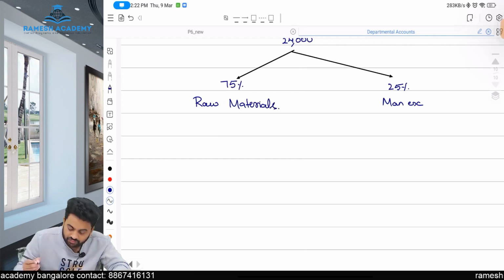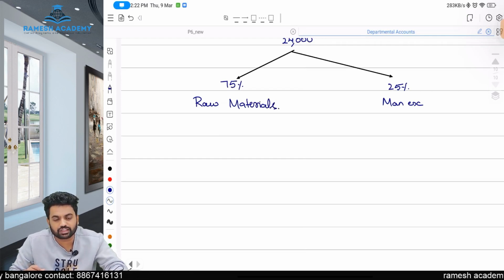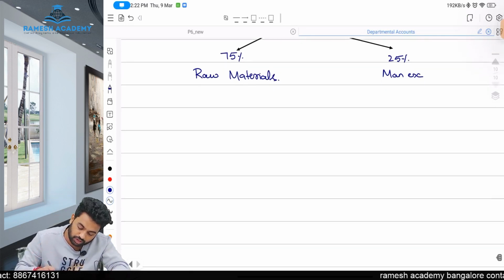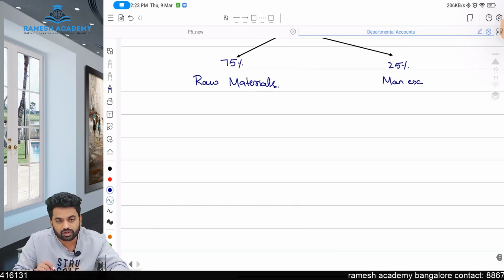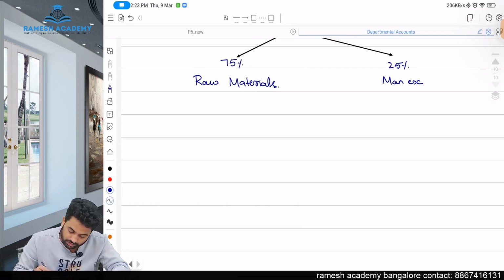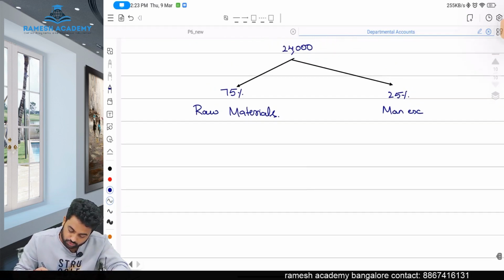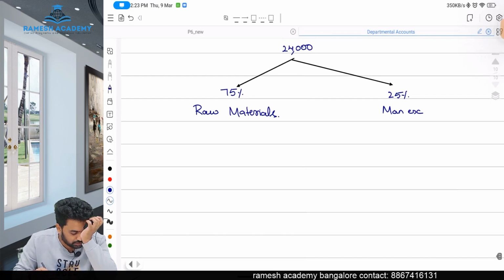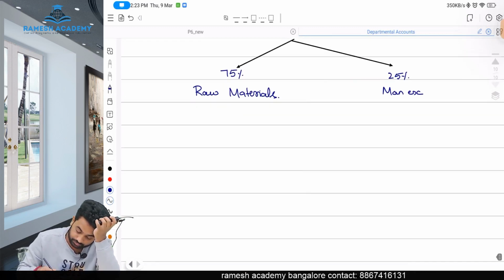As the manufacturing expense will be there in the cost, we are least bothered about how much profit portion is included in that. We are bothered about how much raw material is pending. So 24,000, 75% will come to 18,000.